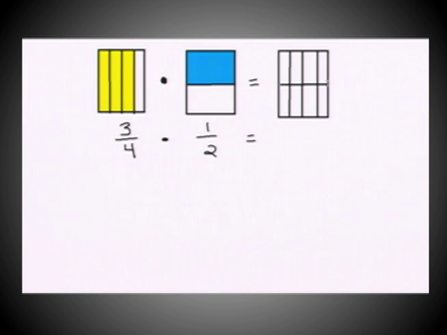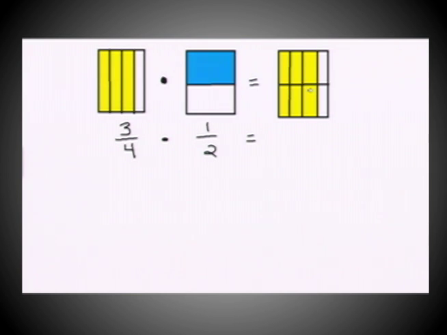So let's take a look at this last whole here that I have cut in both directions. First you'll notice that I have cut it vertically just like I did with the fraction 3/4, and now I'm going to come back and show you which pieces I have that are representative of the 3/4.